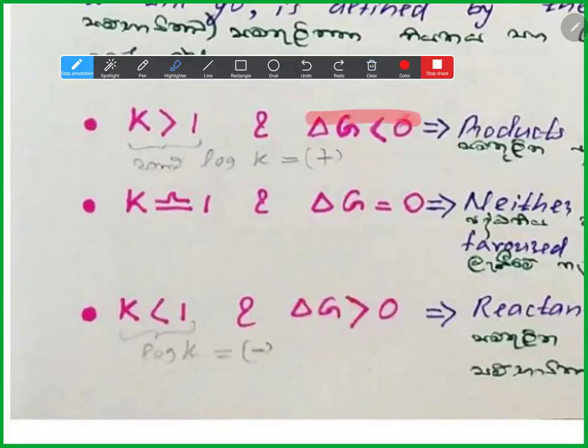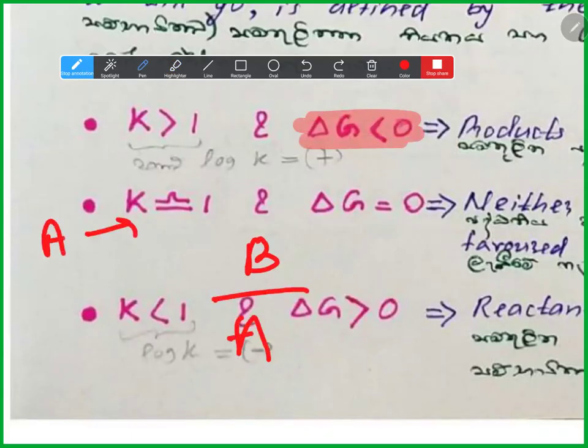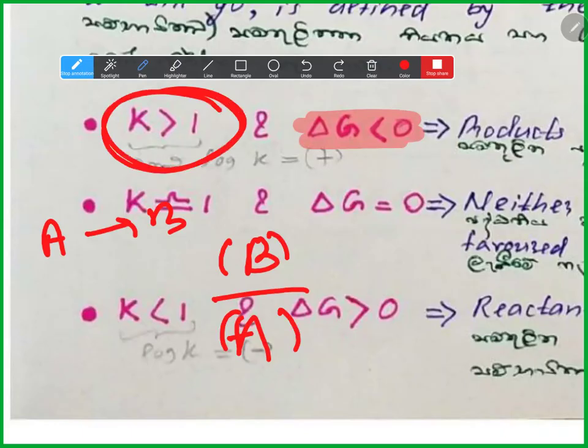Spontaneous means the reaction is going in the forward direction. Forward direction means, let's say A goes to B, the B concentration is really, really high. It simply means the equilibrium constant is supposed to be really high.